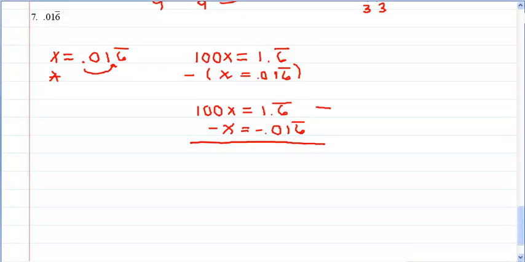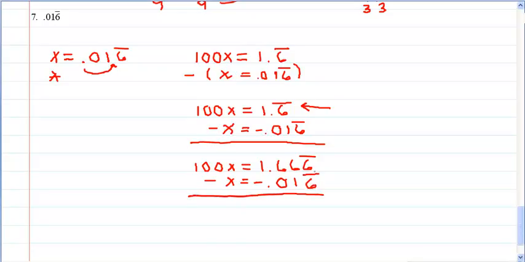So I want to expand this one out and write my first equation as 100x equals 1.666 repeating. So when I line it up with the equation underneath, I can subtract the 0 and 1 away from the first two sixes, but my repeating parts will cancel. That's my goal, is to get rid of the repeating parts.